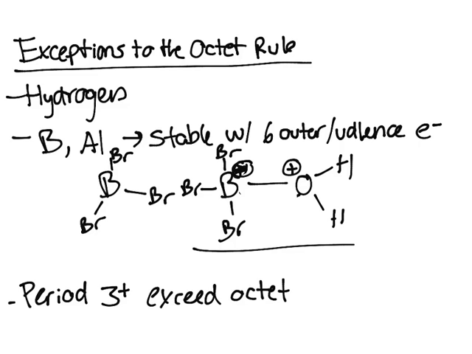So for example, the most common one would probably be sulfur. You could have something like this, in which the sulfur has 6 different bonds, and so it can have up to 12 electrons.